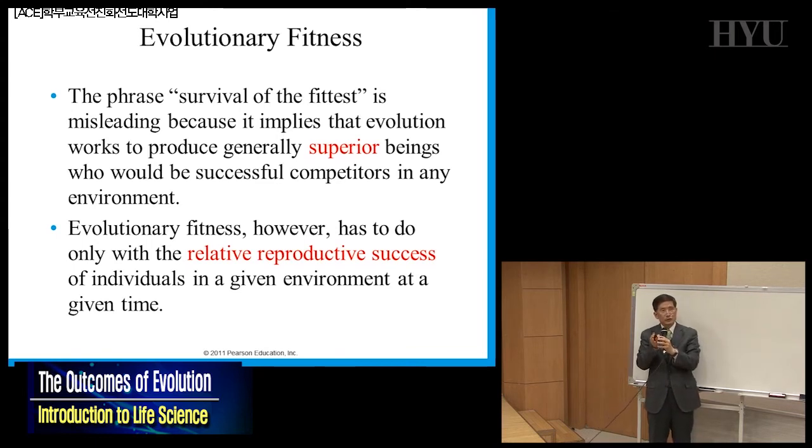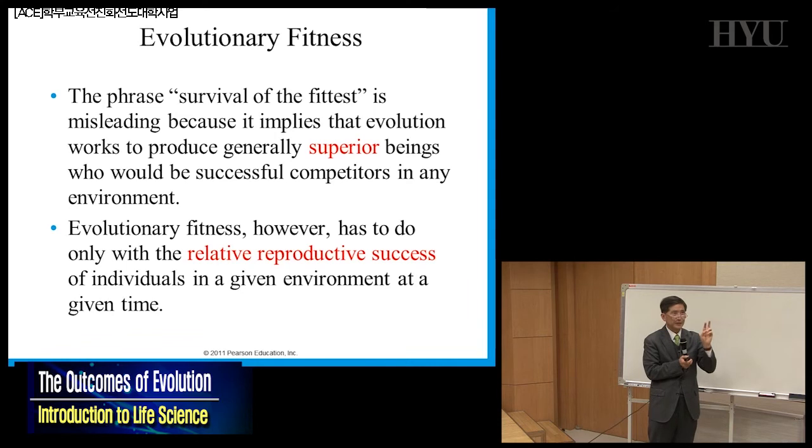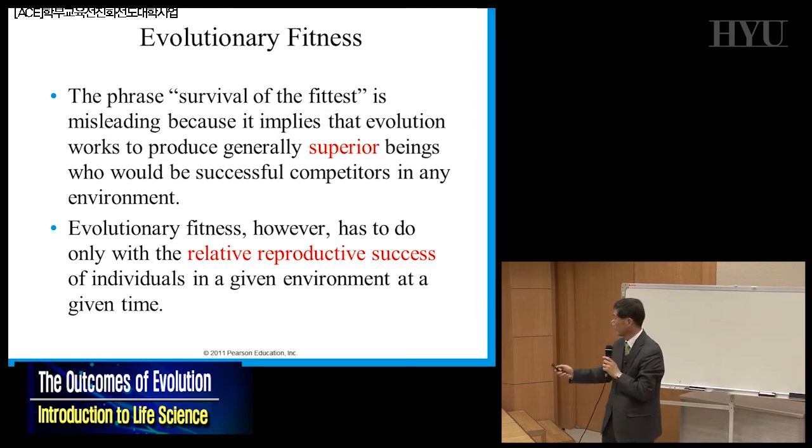It's very specific to the environment and very specific traits. It's not that this survivor is better in all aspects. It's only better in a specific area. Evolutionary fitness has to do only with the relative reproductive success of an individual in a given environment at a given time.